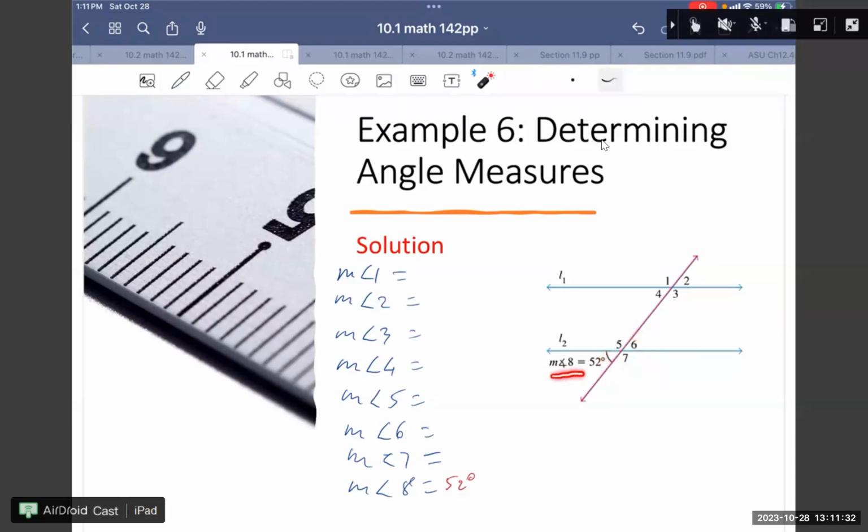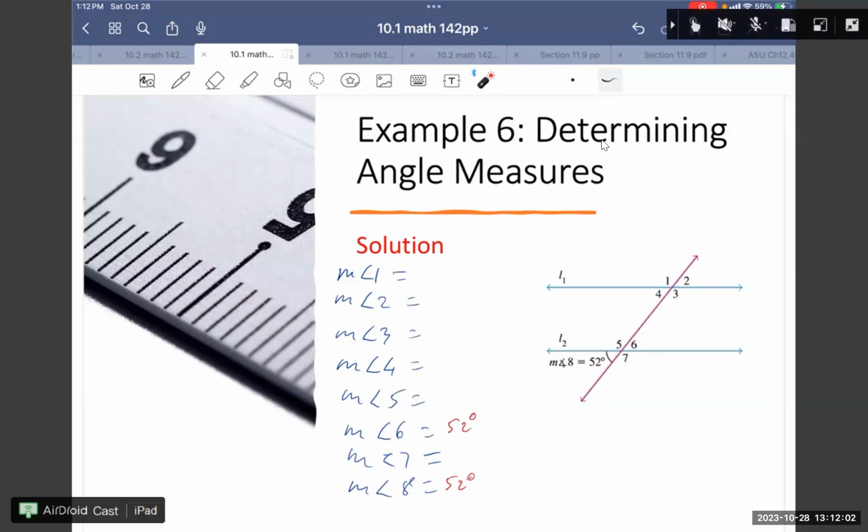So angle 8 has the same measurement as angle 6. So this one is 52 degrees. Okay.